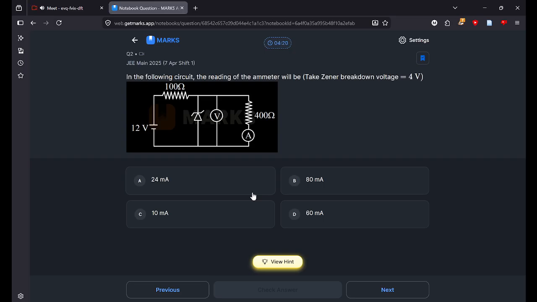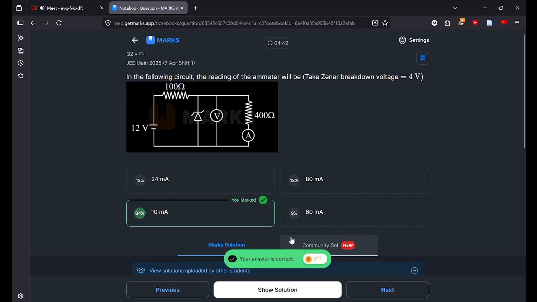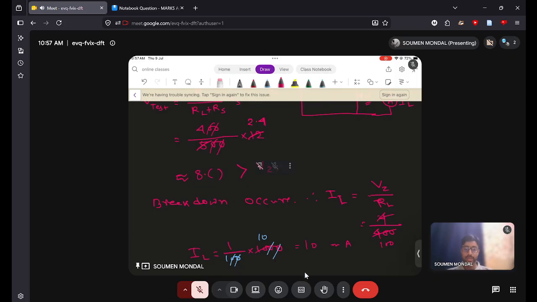So now it will be 1 by 100, which makes our life easy, obviously. So it's 10 milliampere. Let me go back to the board again to check. Yes, Vz is not 5, Vz is 4, and the rest was really easy.